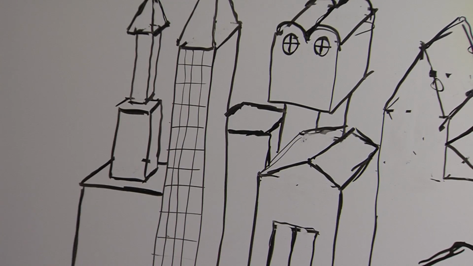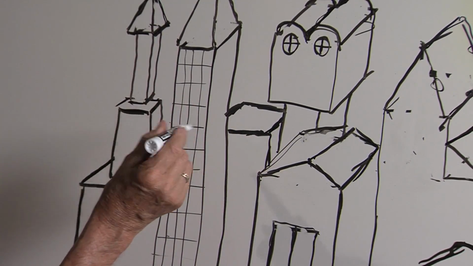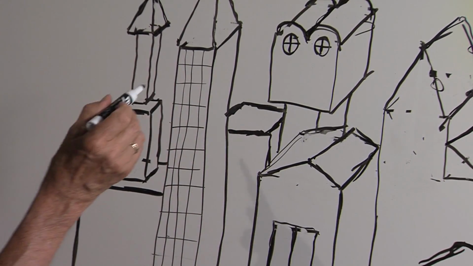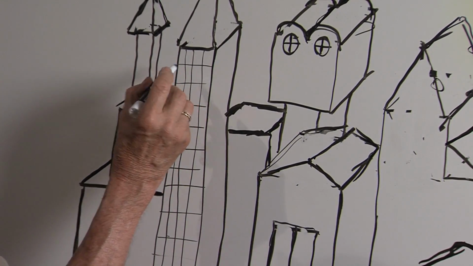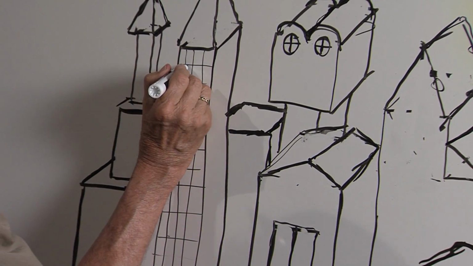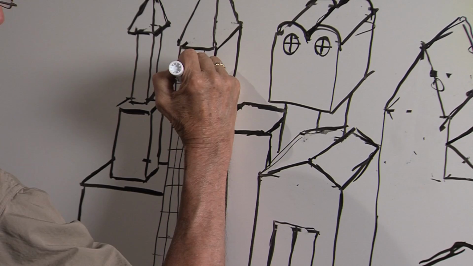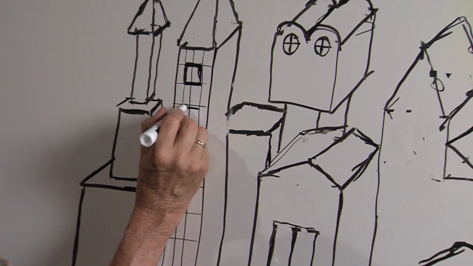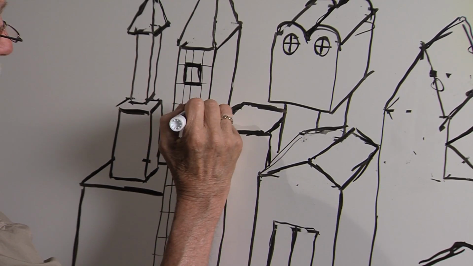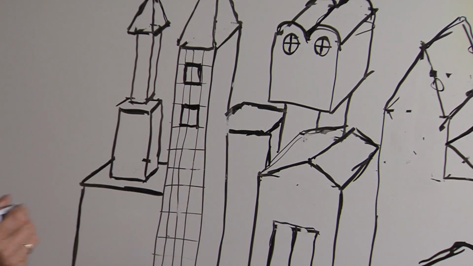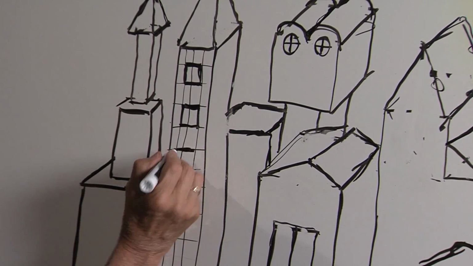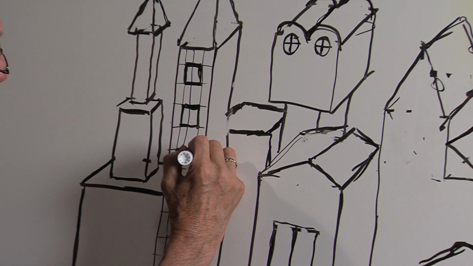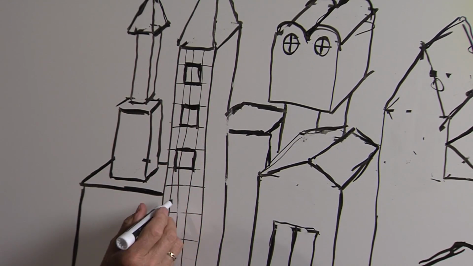And that just kind of helps me. Now I can go through here and add, well, let's see, I'm actually going to use the two inside ones and darken these. This is kind of a grid for my windows. And every other one of these, I'll add a window to it, like so. So that line in the middle I'll use as part of the window, I guess.